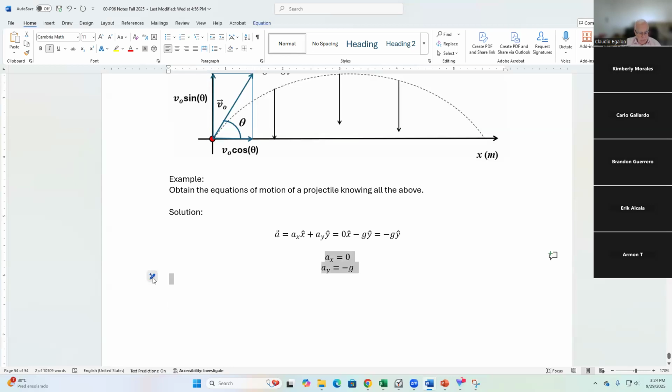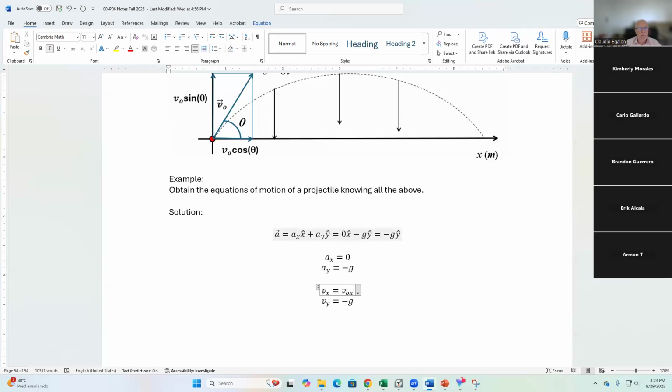Acceleration next is going to be what? The velocity, right? Vx, Vy. Since the motion along the x and y axis are independent of each other, it means that the projectile will move with constant velocity along the x-axis, v naught x. Okay?